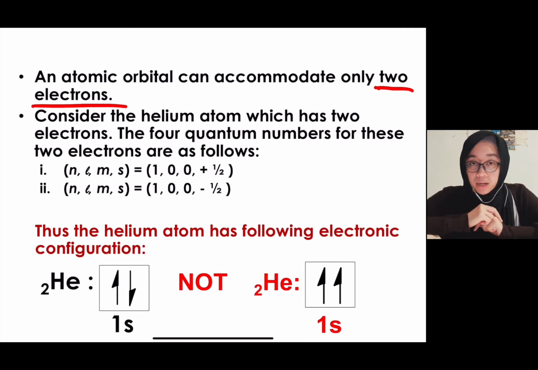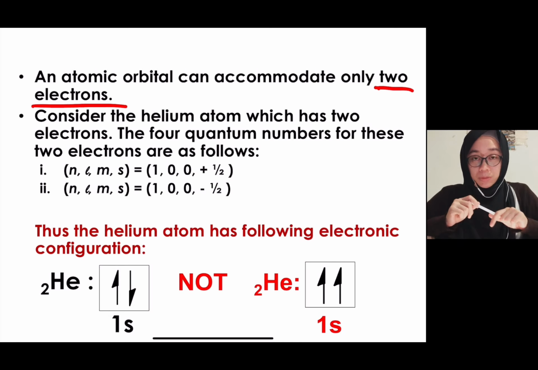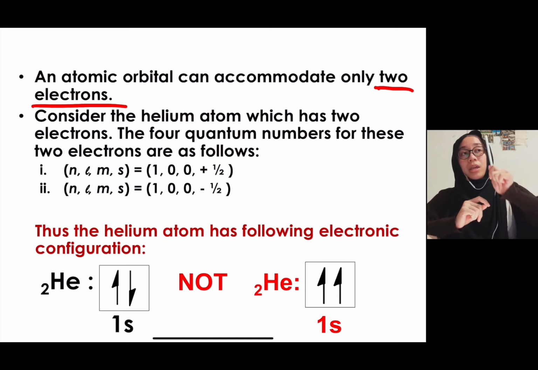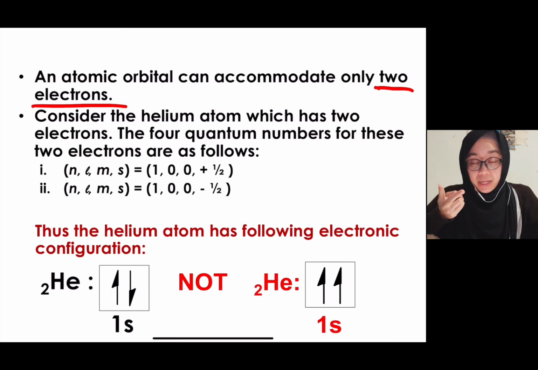Okay, that one salah sebab dua-dua ke atas ataupun dua-dua ke bawah. Itu adalah salah. They don't obey the Pauli exclusion principle. Supposedly, if they obey the Pauli exclusion principle, one's supposed to go in upwards direction, another one supposed to go downwards direction to show that they have different spinning.